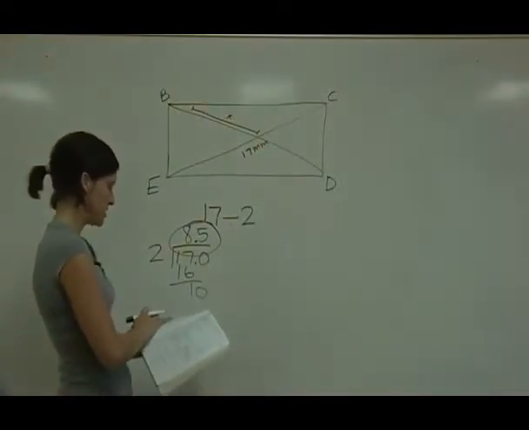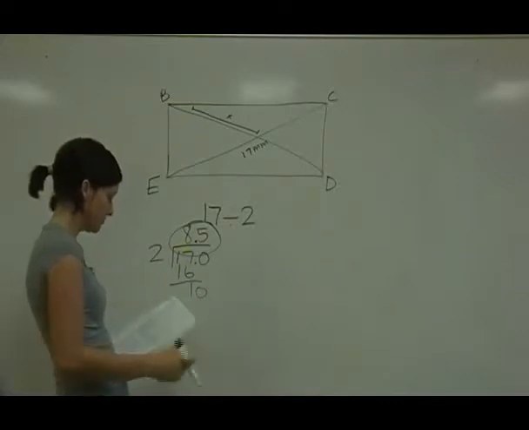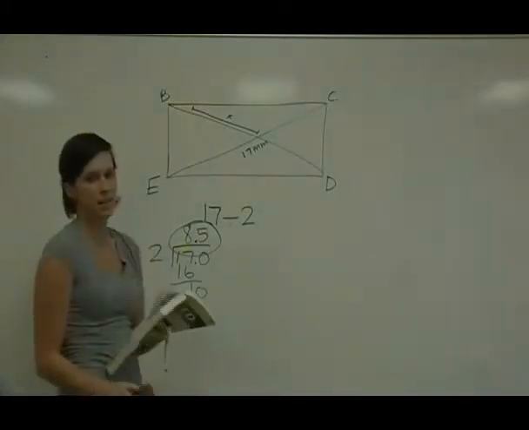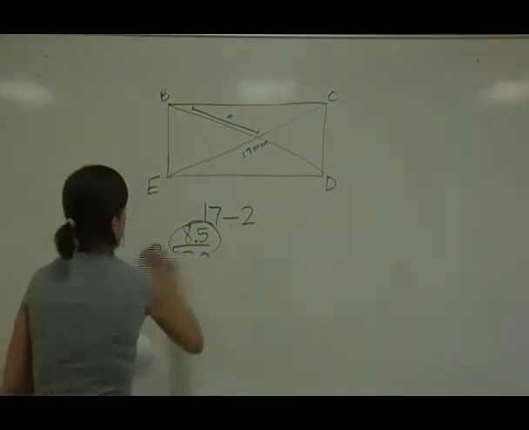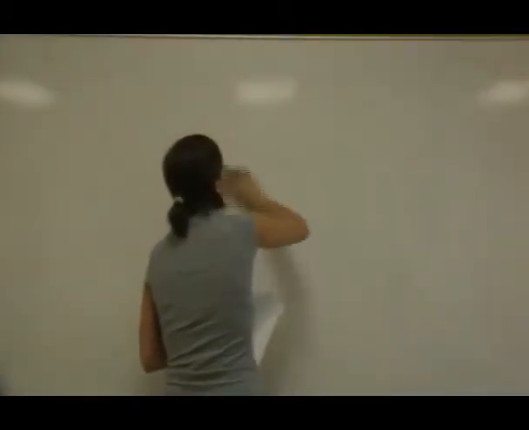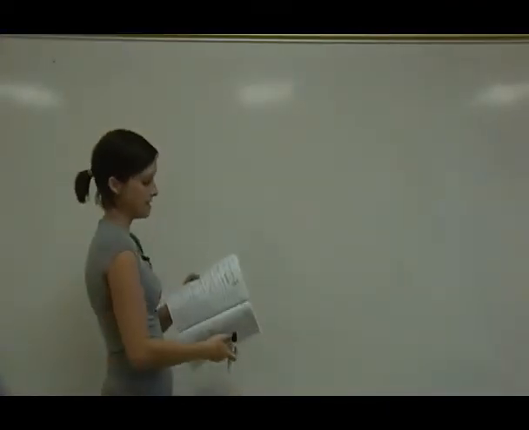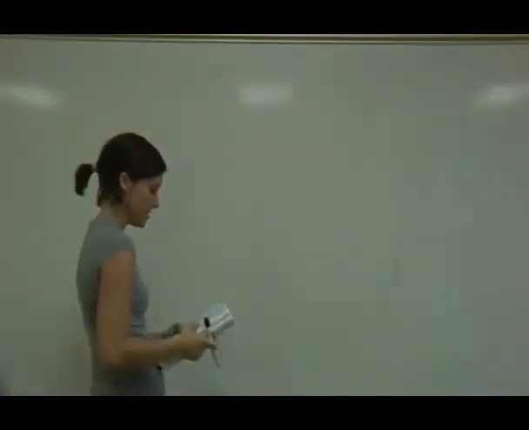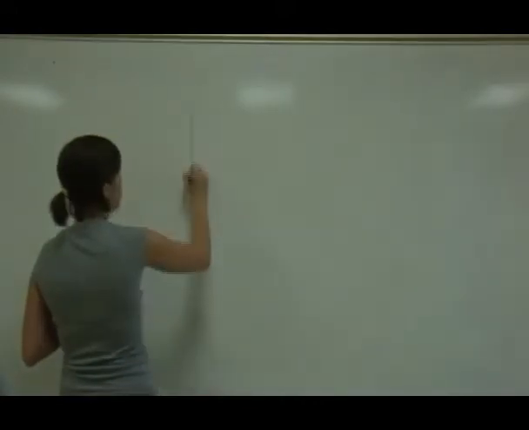Pretty simple. So let's move on to number 14 and see if we can figure this one out. It has a couple more steps in this one. 14 states the area of a square XYZW. So let's draw it.